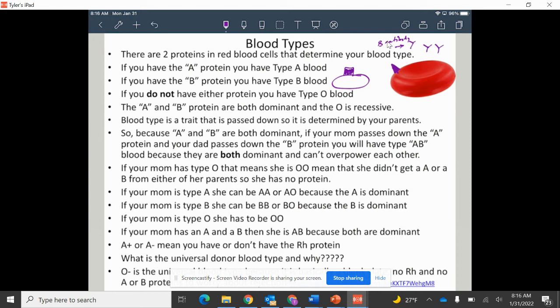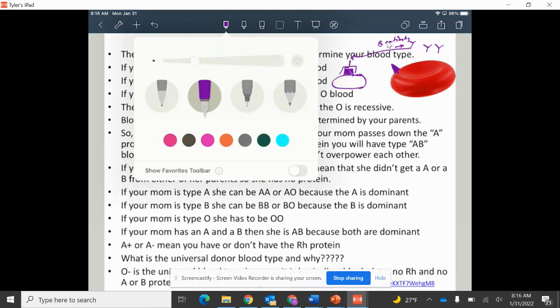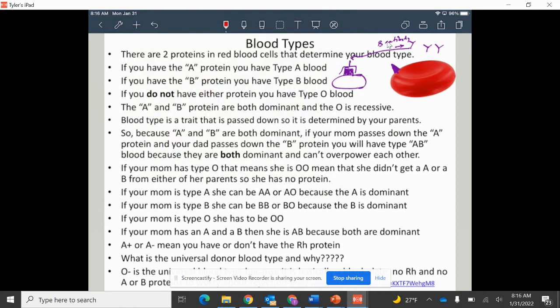When my body looks and recognizes these cells, if you were to give me, let's say I was in an accident or something like that, I had to get a blood transfusion, if you were to give me blood cells with these B proteins on there, my antibodies would flag it. They would lock onto this thing, flag it, almost like a little red flag. And it would tell my immune system to go destroy these cells.